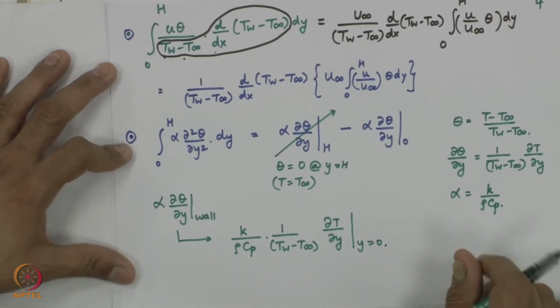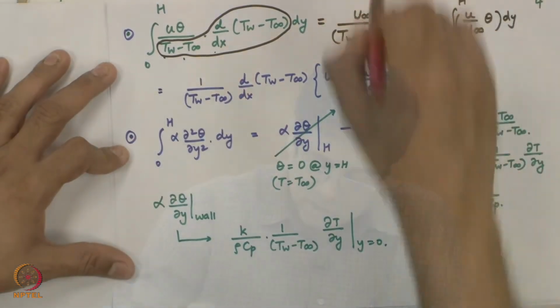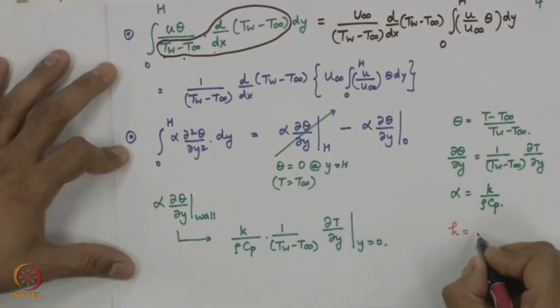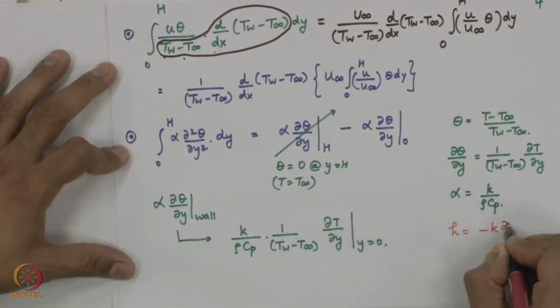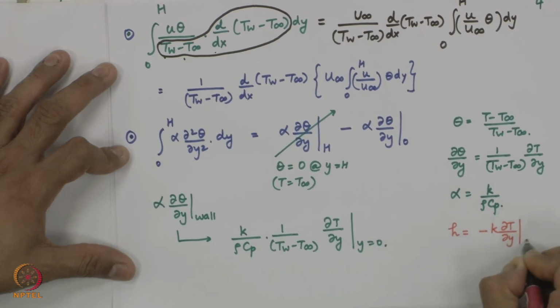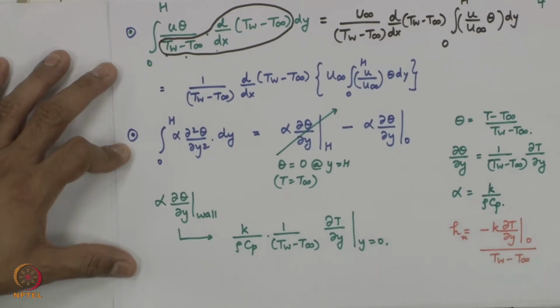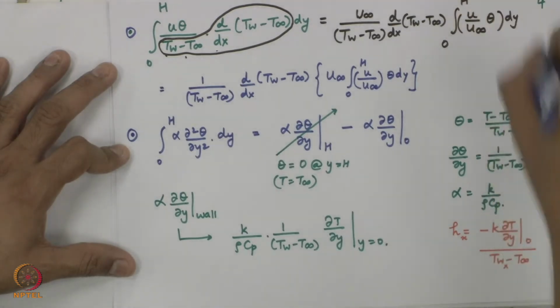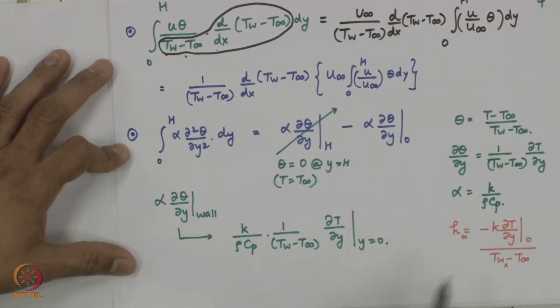Is that right? Now, let us group this term. What is the definition of heat transfer coefficient? h is minus k dT by dy at the wall divided by some reference temperature difference. This is my definition of local heat transfer coefficient, hx, and this should be the local temperature, Twx. It does not matter whatever the subscript is.